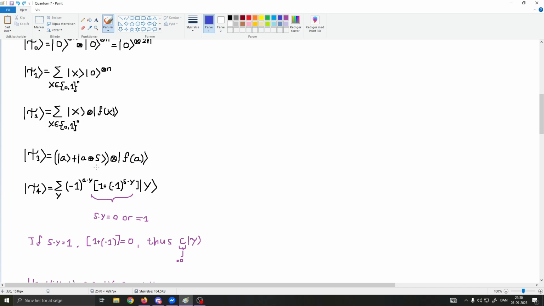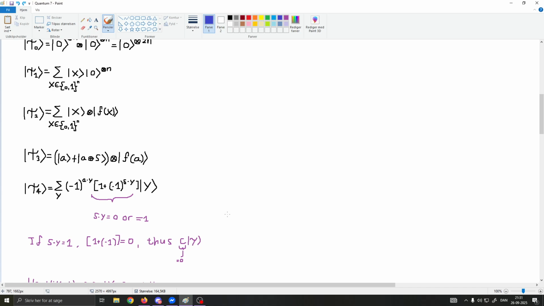Now the only two possibilities, because it's 2 to 1, are just x or x with the mask. But for this specific scenario, we're just calling this specific result A.